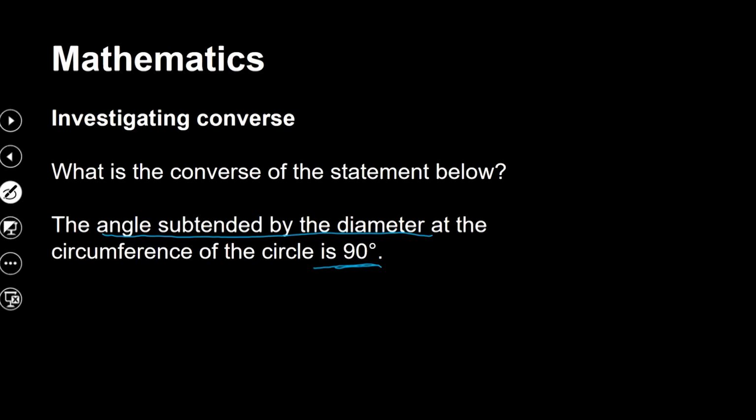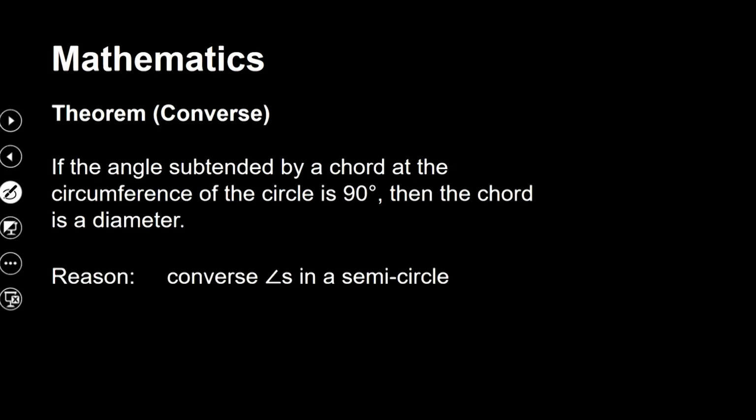That's what the converse is about. So if an angle subtended by a chord at the circumference of the circle is 90, then the chord is a diameter. You see? And then my reason will be converse, angle in a semicircle.